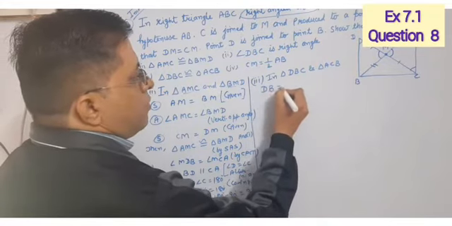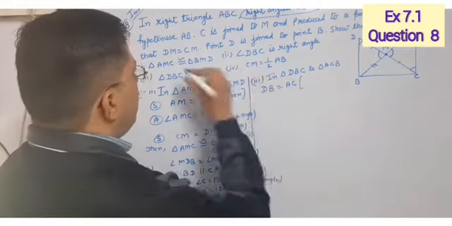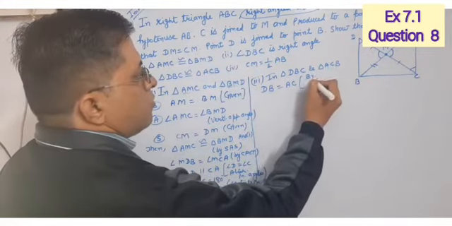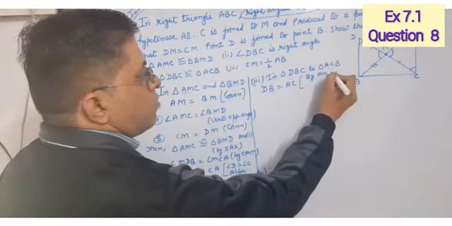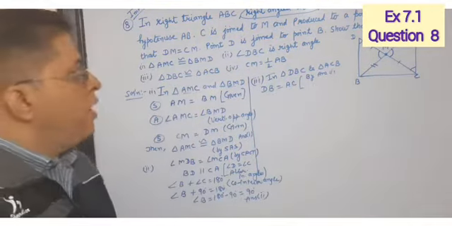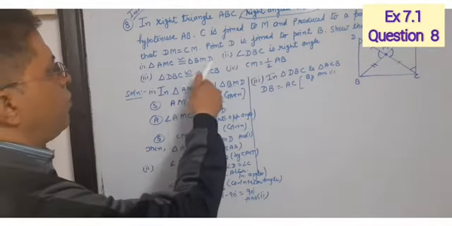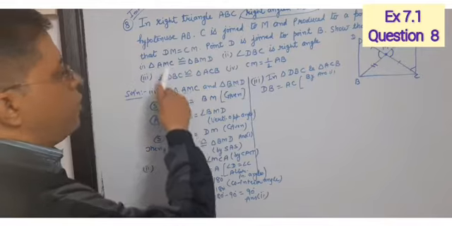Why? By your answer number 1. What is given? Both are congruent, so by answer number 1, DB will be equal to AC.